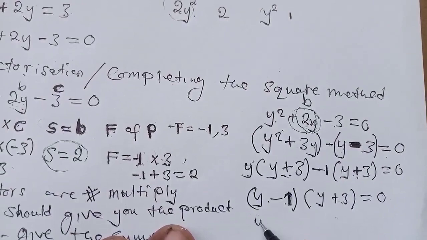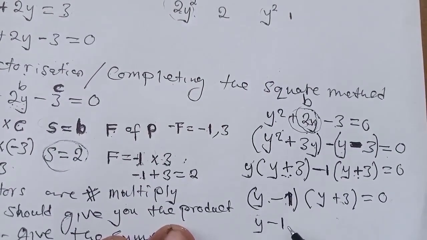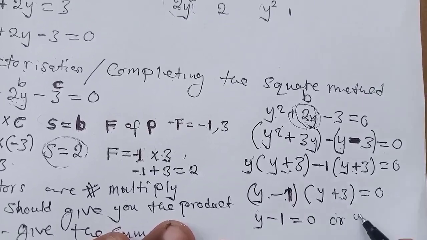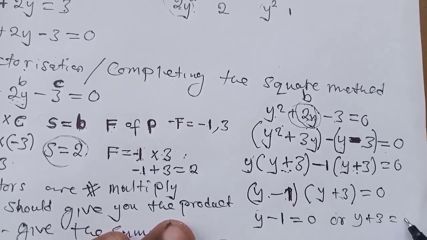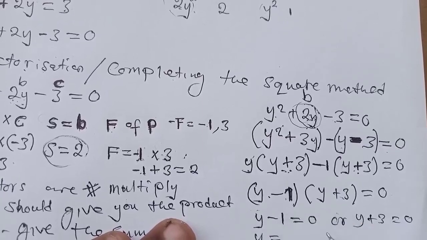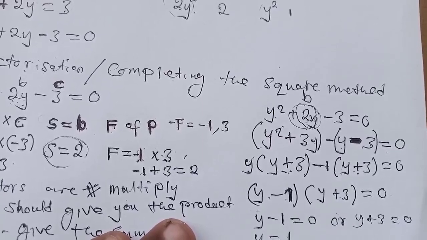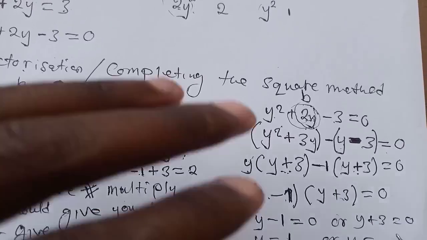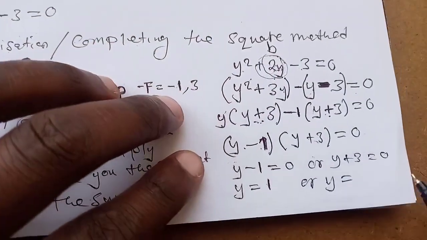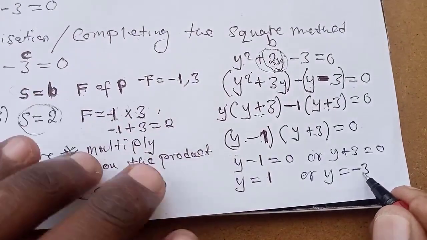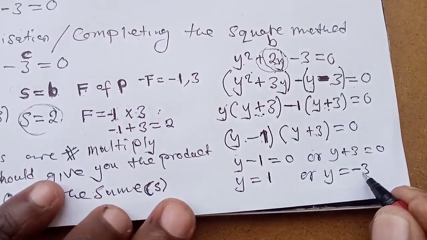We just did y minus 1 is equal to 0, or y plus 3 is equal to 0. So y is equal to positive 1, or y is equal to negative 3. As simple as that.